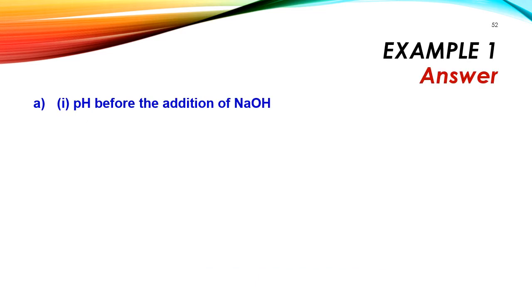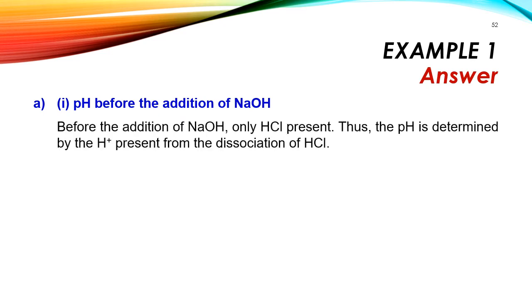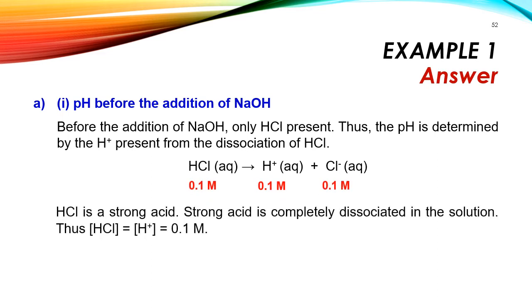Now, let's answer the first question. Calculate the pH before the addition of the sodium hydroxide. Before the addition of the sodium hydroxide, only hydrochloric acid is present. Thus, the pH is determined by the H+ ions present from the dissociation of the hydrochloric acid. HCl is a strong acid.